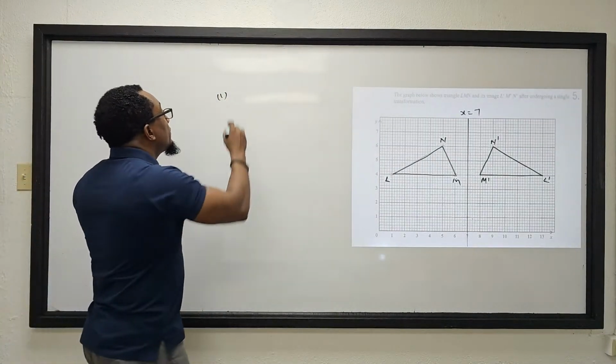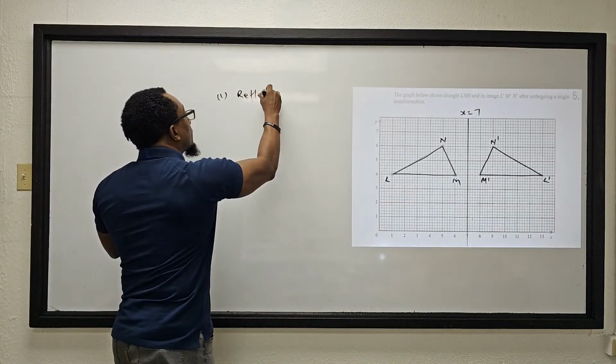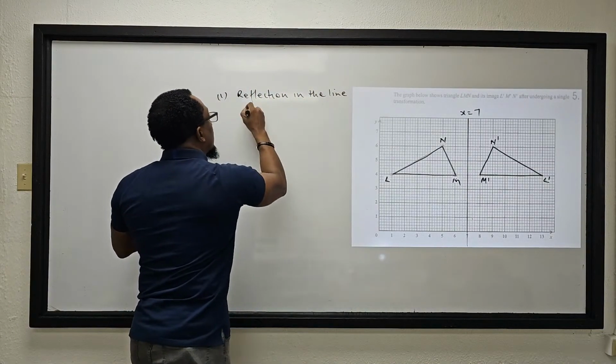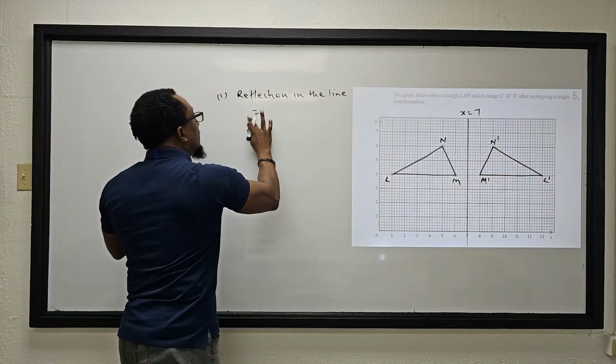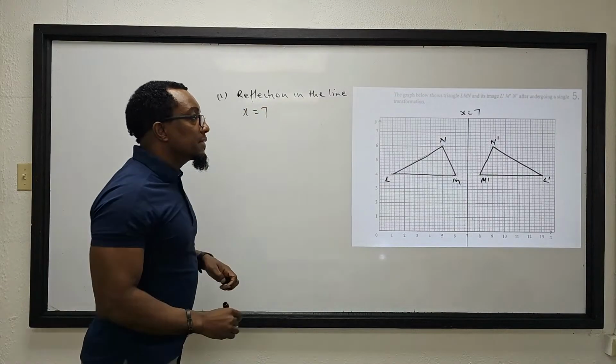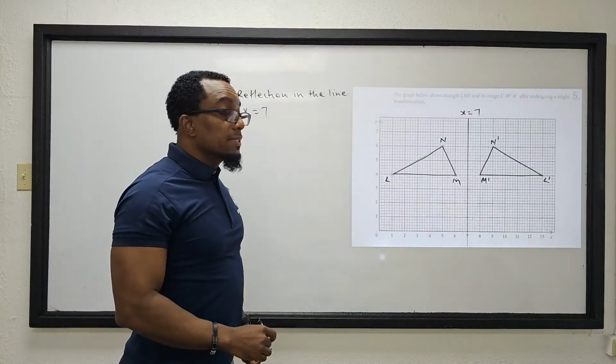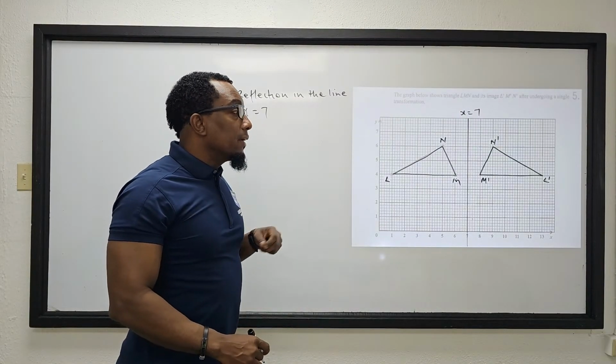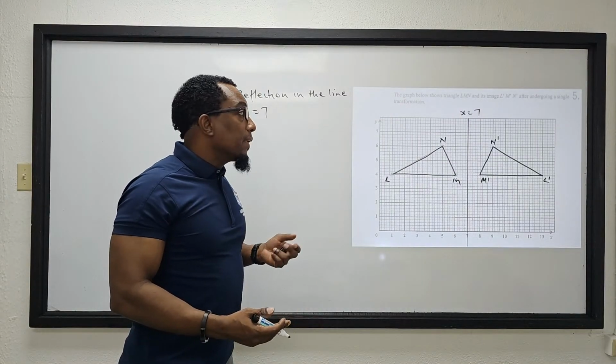So this would be a reflection in the line x equal to 7. Reflection in the line x equal to 7 is the transformation that maps triangle LMN onto triangle L prime, M prime, N prime.